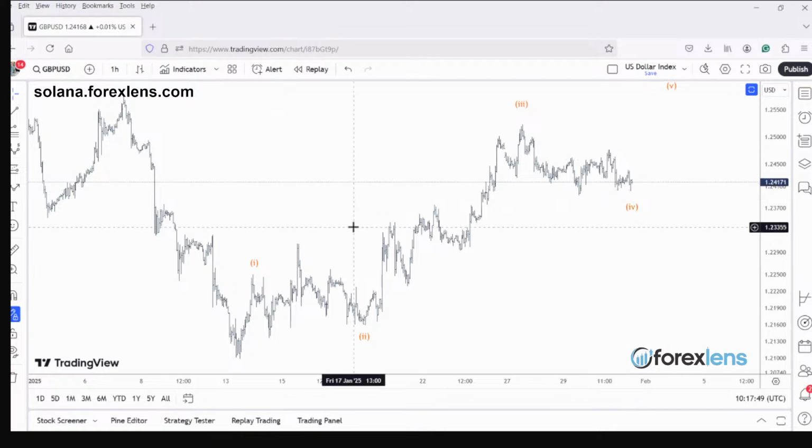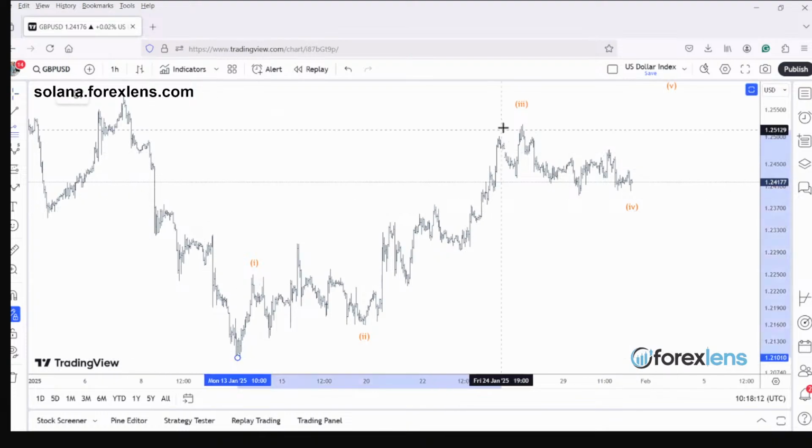1.2417 we are right now. The stop loss would go around 1.2240, 1.2245. So let's say 1.2230, and we are right now 1.2417. So less than a couple of hundred points. And the target was poised around 1.2650, which is again a couple of hundred points from here, just above the couple of hundred points mark.